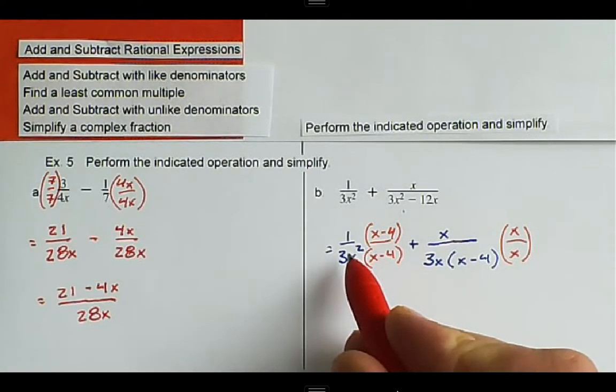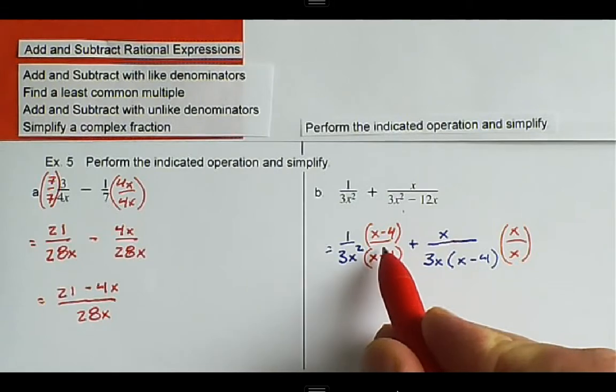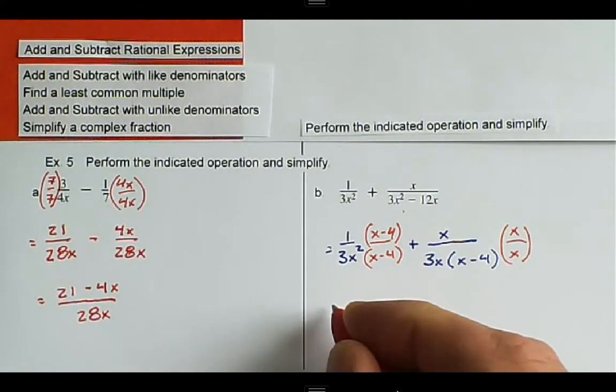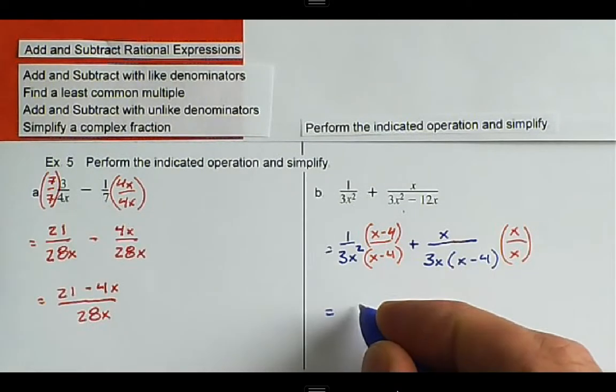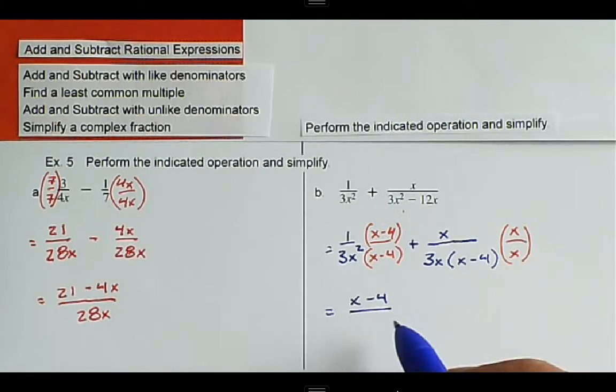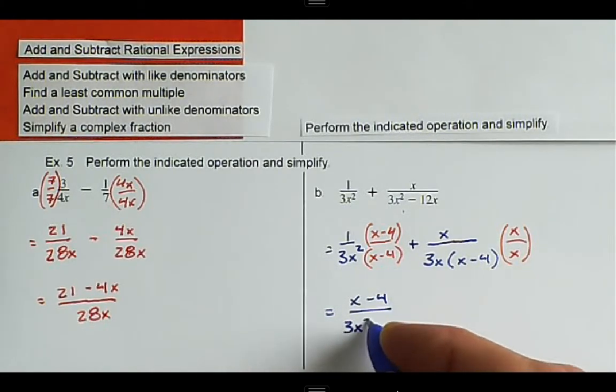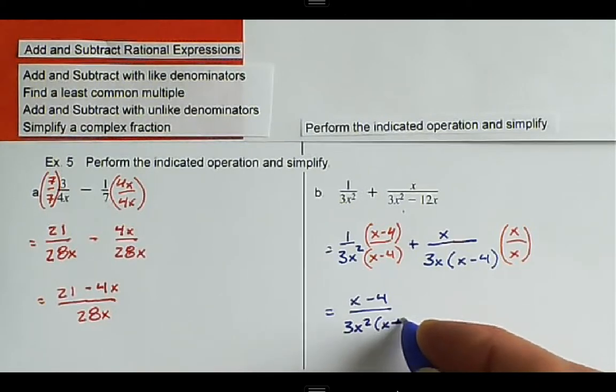In the numerator, x minus 4 times 1 is just equal to x minus 4. And then in the denominator, we're just going to leave it as 3x squared times x minus 4.